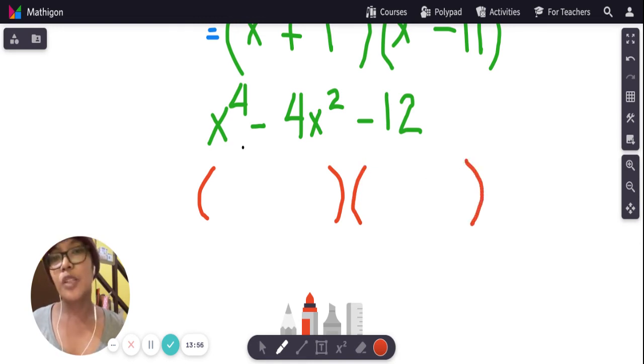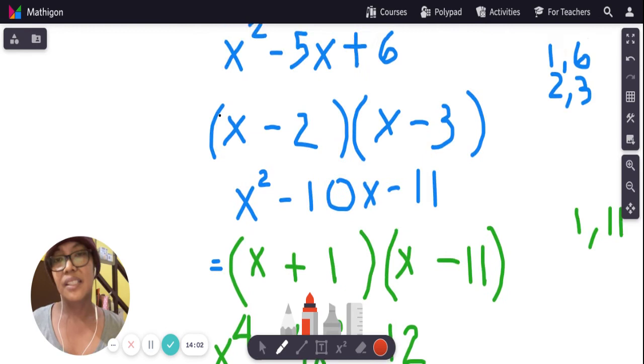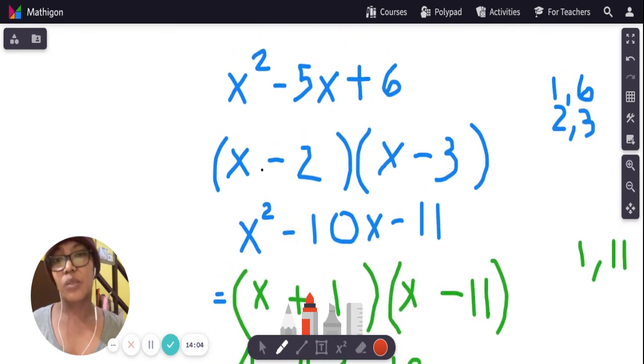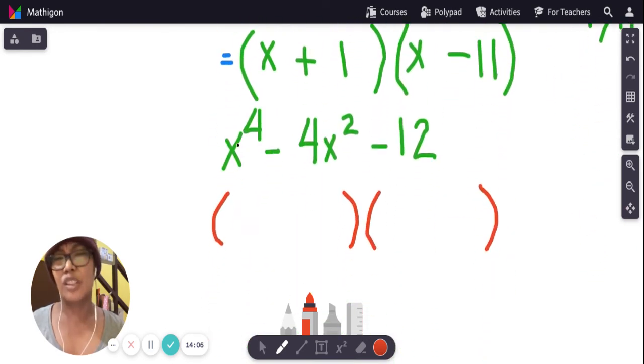So, remember how will you get the first term here? You just get the square root of this. So, similarly with this, you get the square root, that is x. The square root of x to the fourth is x squared. Of course, you can still factor this later on, pero doon lang tayo sa dalawang naunang factors lang.